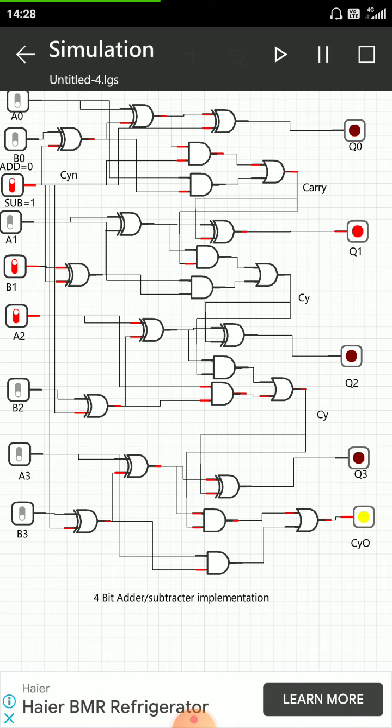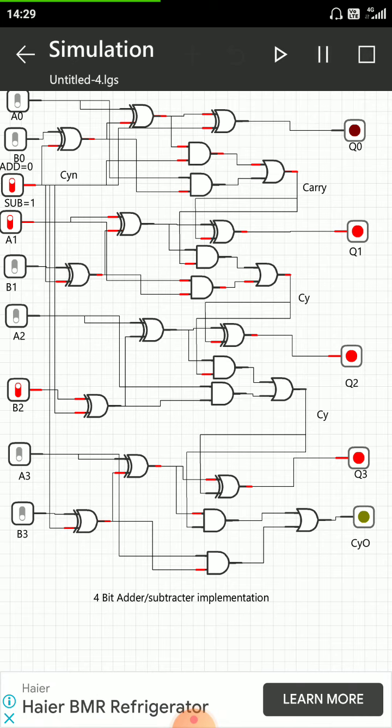We have to just make A1 high, yes, now it is 2, and if B2 is high, now B is 4 and A is 2. So now you can check what the result is. The result is 1 1 1 0.